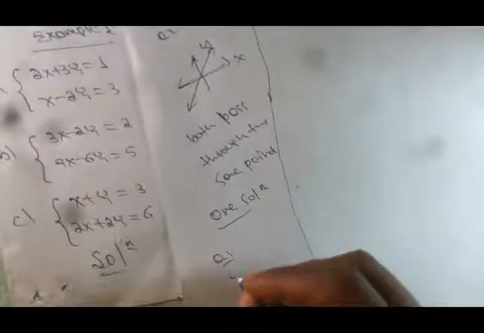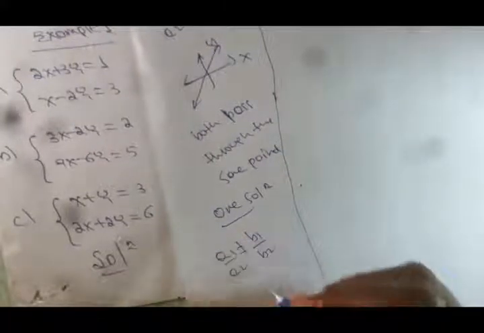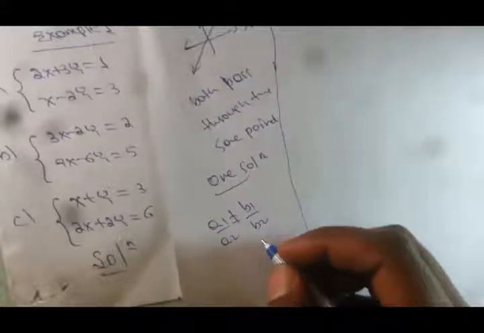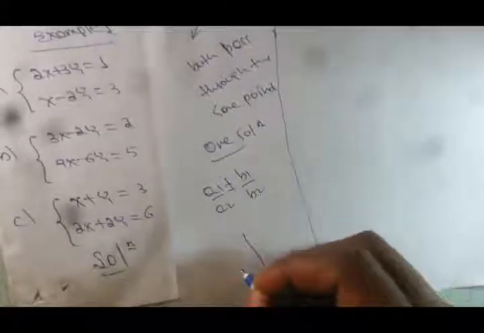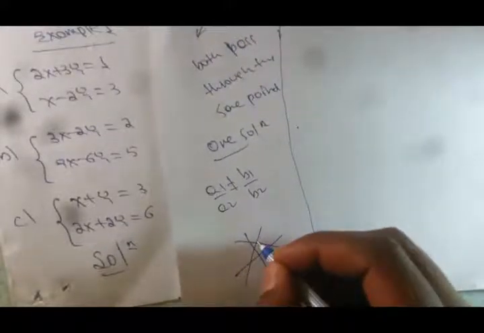For one solution, we know that if a1 over a2 is different from b1 over b2, it has one solution, and the graph will cross only at one point. This is their solution set.